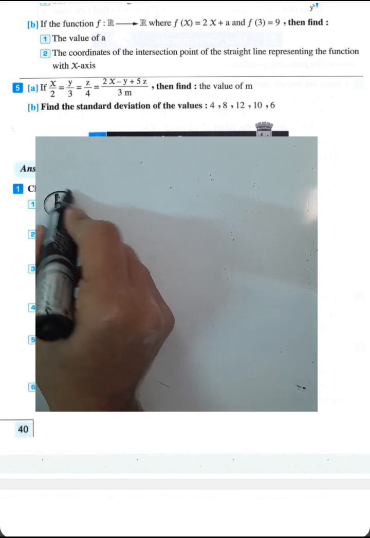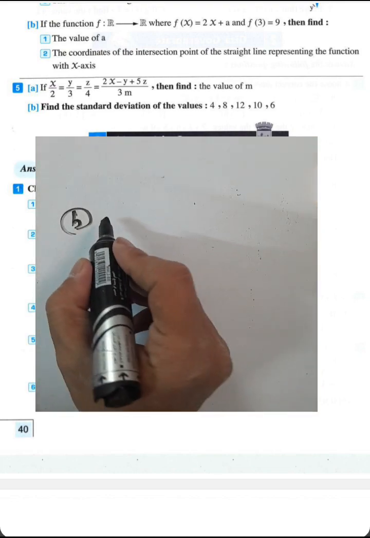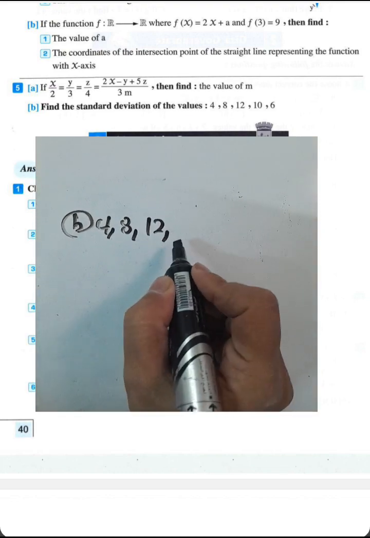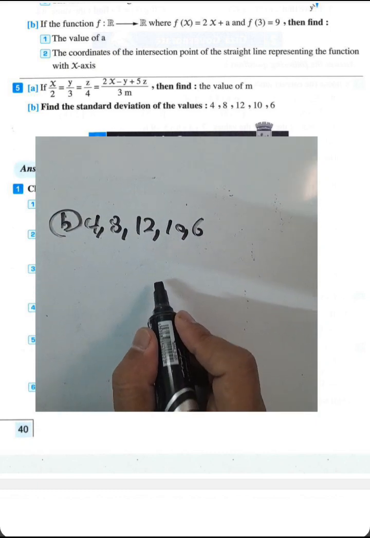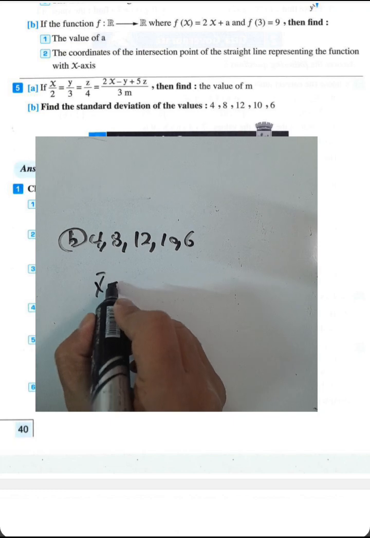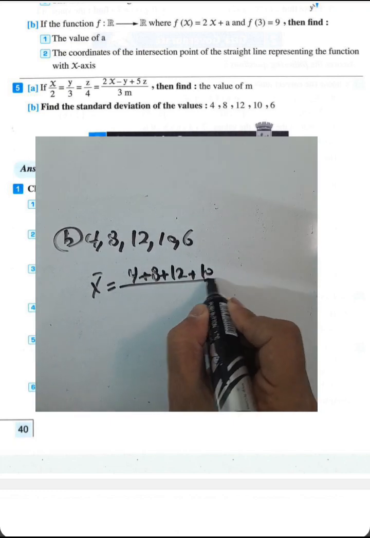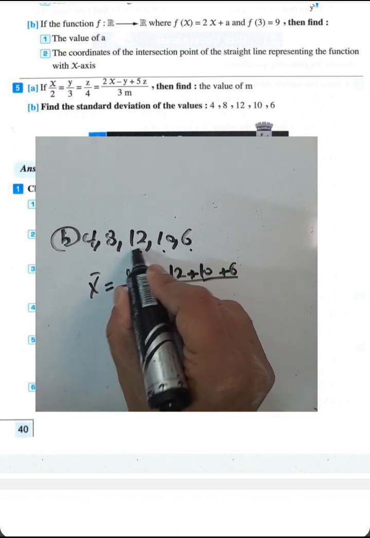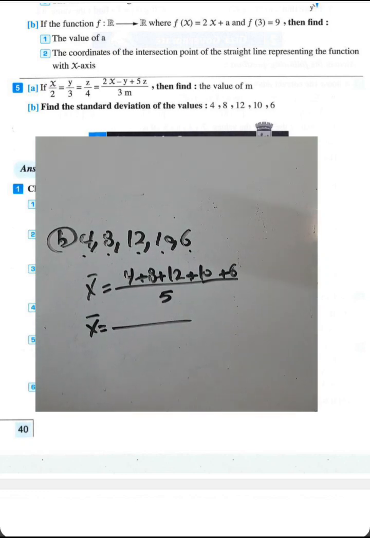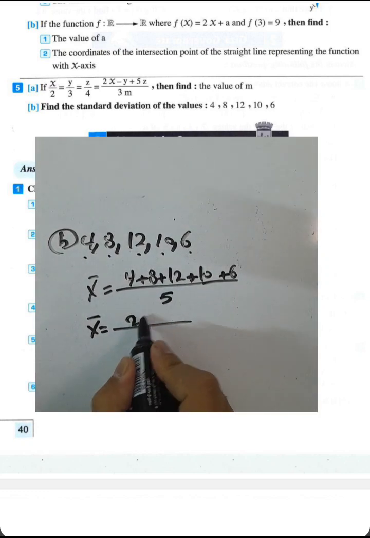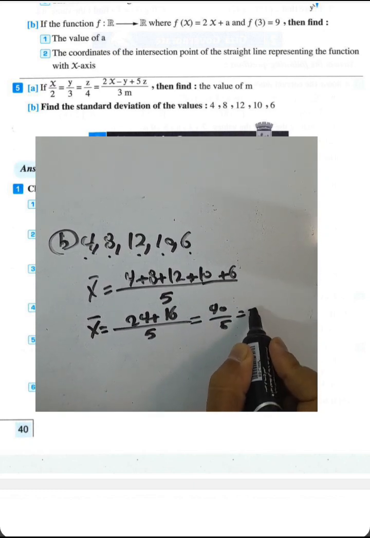About letter B, we have the values 4, 8, 12, 10, 6, and then we can find the x bar, the sum of its values divided by their number: 4 plus 8 plus 12 plus 10 plus 6, 1, 2, 3, 4, 5. 4 plus 8 is 12, 12 plus 12 is 24, and here 16 over 5. The result will be 40 over 5, which is 8.